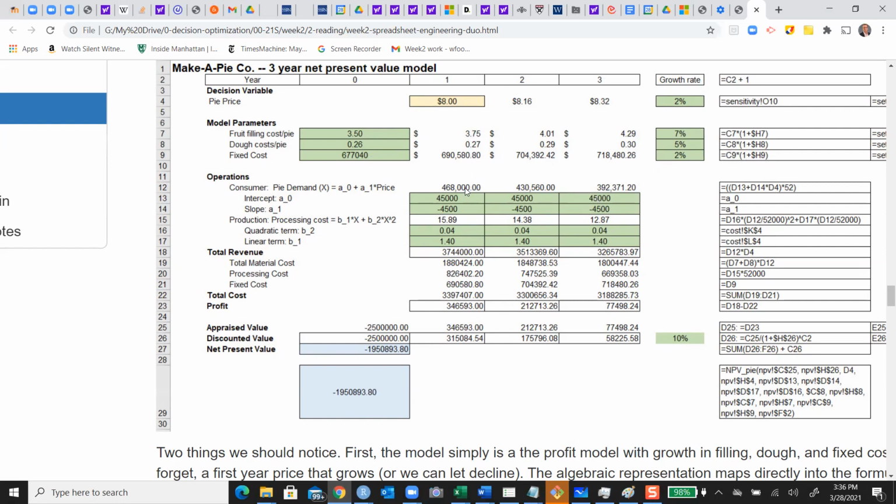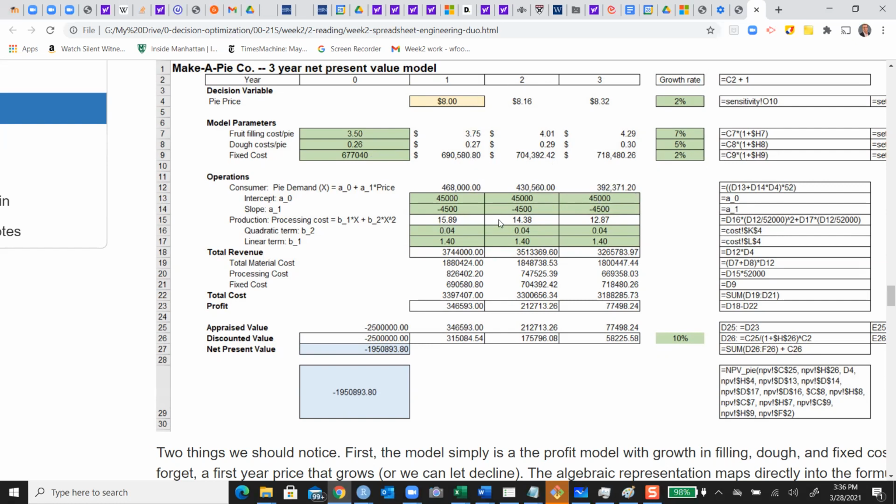And the model runs pretty easily when we think that consumer demand in thousands of pies, okay, this is weekly here. So this must be a number that's, yes, times 52. Times 52 times 52. And according to that, a price drives this schedule.